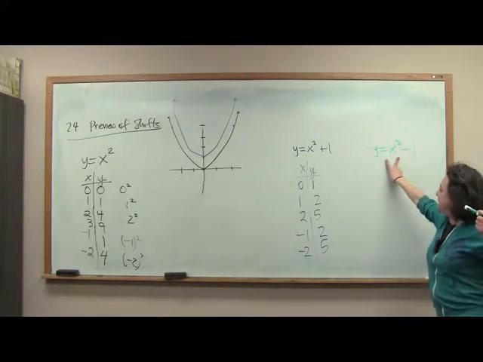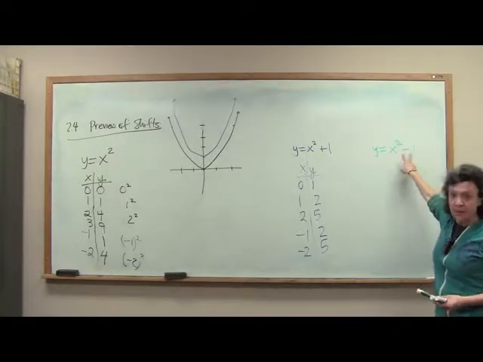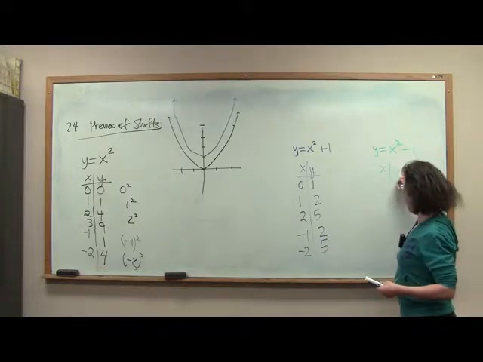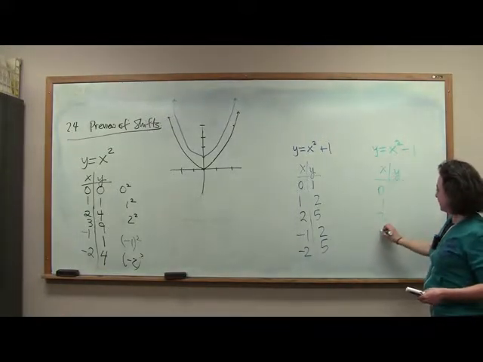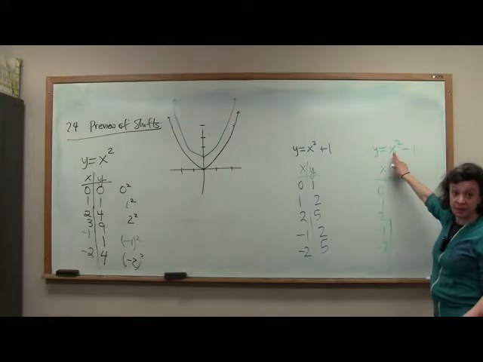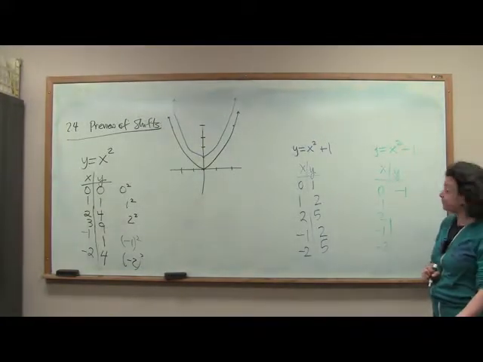Well, we could take our basic function and subtract 1. We think maybe that would move down 1. Well, let's check it out. Again, we can take just some basic values and compute them. If I plug in x equals 0, 0 squared is 0, minus 1 is negative 1.